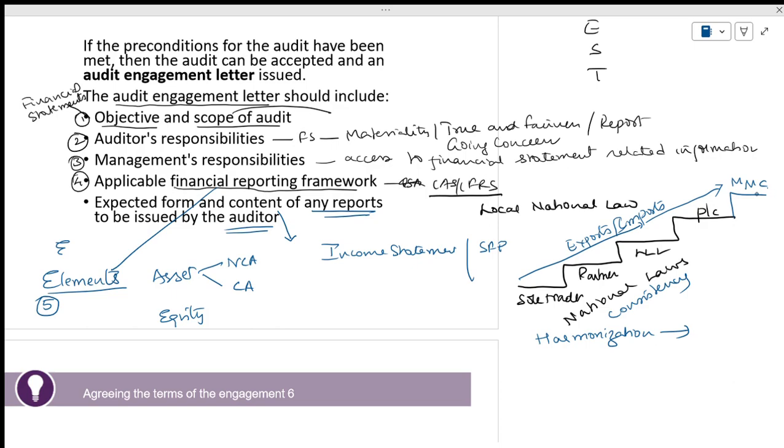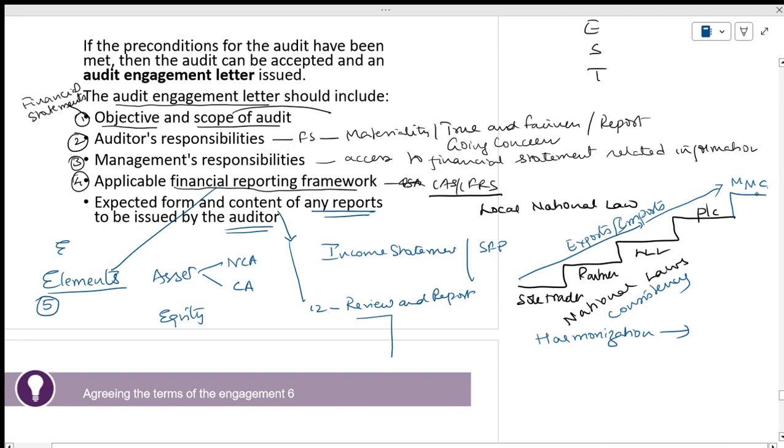This will come somewhere in the last chapter, chapter 12, in terms of review and reports. In review and reports, they will say what the format and content of the audit report is. Keep this in mind. Whenever we come back to it in detail, I will give more related information.